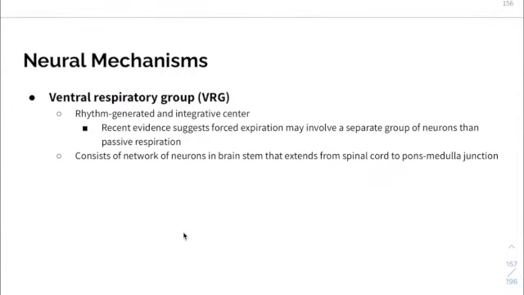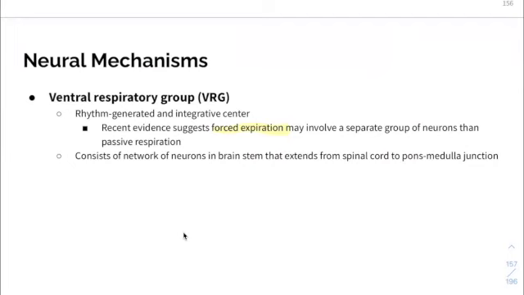But that ventral respiratory group controls the rhythm of your breathing. There are some new studies out that if you do some kind of forced expiration, it can separate the groups of neurons that are used in passive respiration.